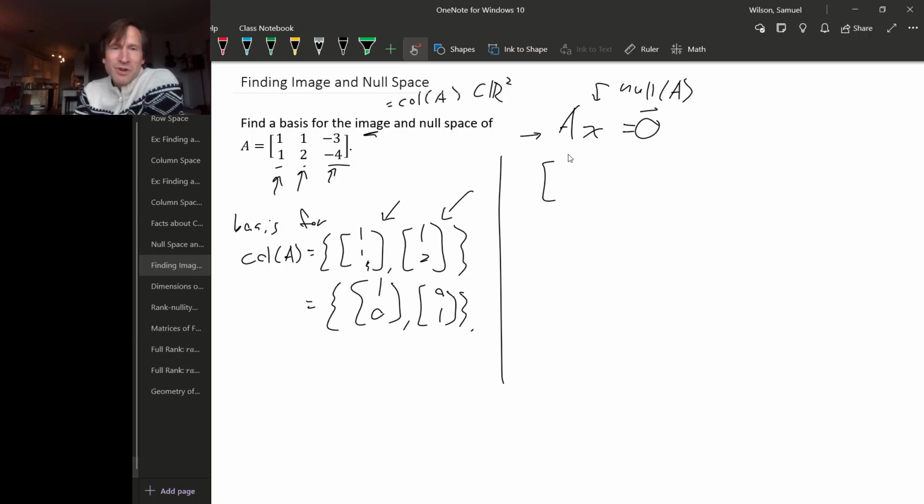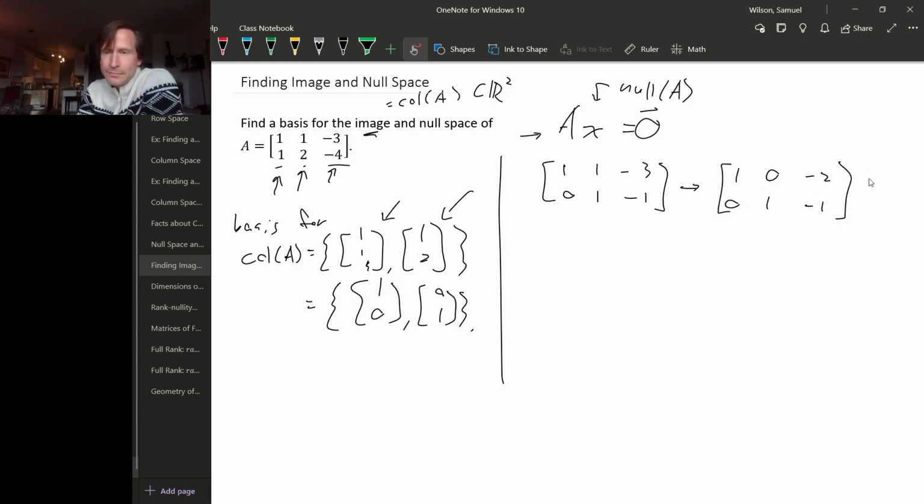To do that, we can row reduce A as usual, so 1, 1, minus 3. We're going to subtract row 1 from row 2, so 0, 1, minus 1, I think. And then just to be super explicit, I'm going to go all the way to reduced row echelon form, so subtract row 2 from row 1, so we get 1, 0, minus 2, and 0, 1, minus 1.